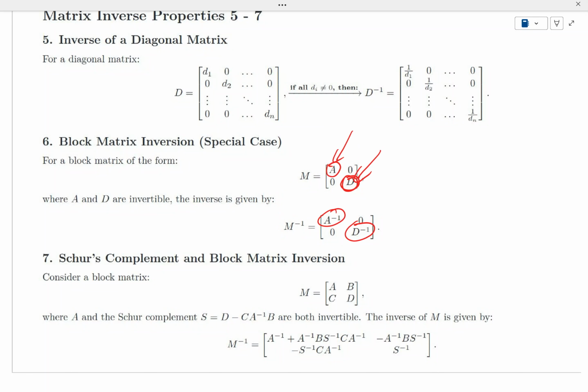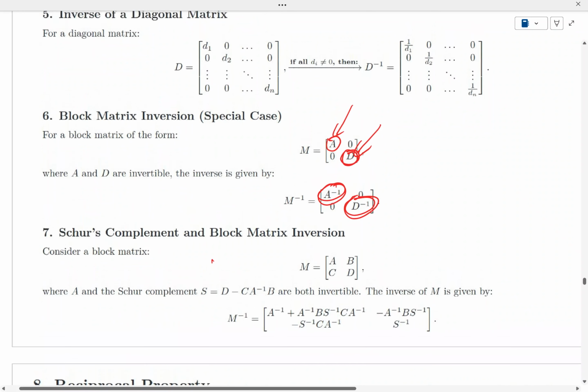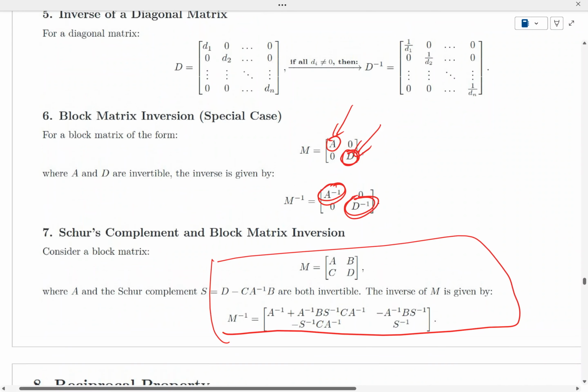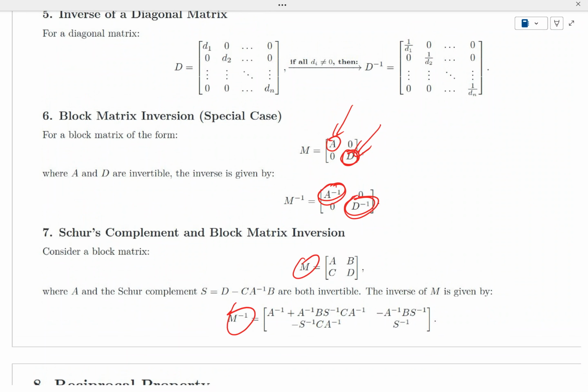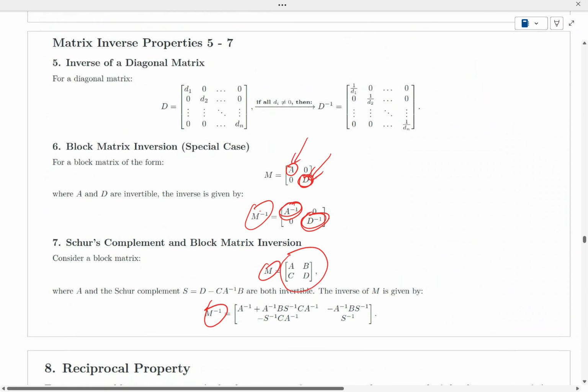It's much easier to solve the inverse of A and D. And this one, the Schur complement, you can take a look. We do use it in machine learning, but for now, this essentially helps you find the inverse of anything, but it's quite a bit of work. So just put it somewhere in your head that you can take inverses of a square matrix and speed it up. But we don't really need to get too much into detail on this.